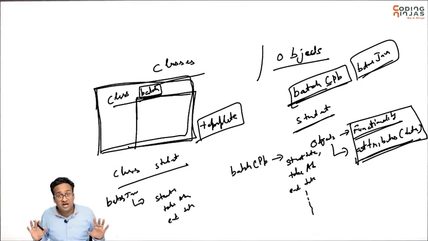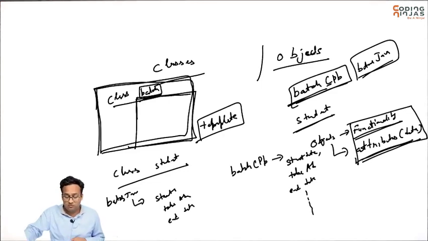And once I have done that, I do not want to repeat that every time I want to create a new batch. So I should be able to simply create a new batch by using some code, some syntax, without saying that these are all the data points, these are all the functionality that I need in this particular batch.